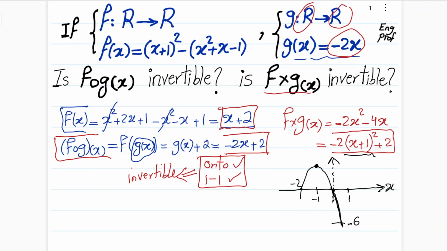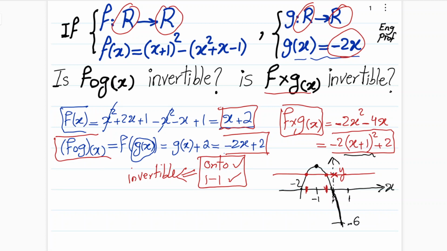Don't forget to always check the specific domain and codomain given. If I have this line, it will cross the curve in 2 points, which means you will end up with the same y value for the output of the product of f and g if x is this much, or if x is this much.